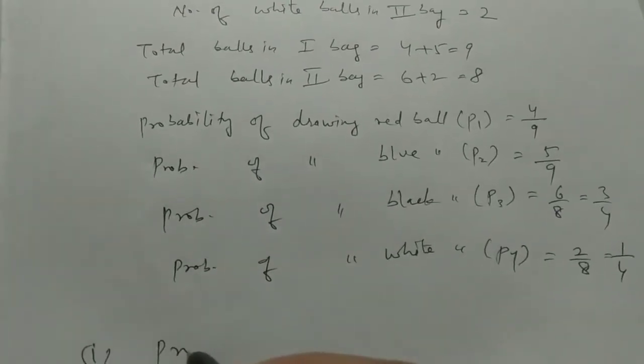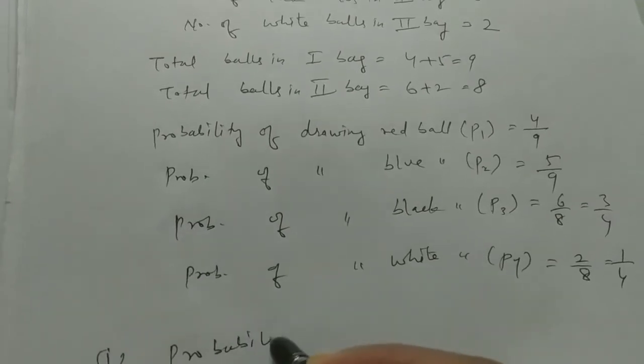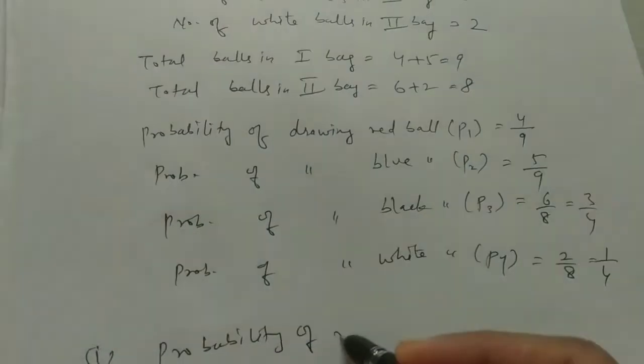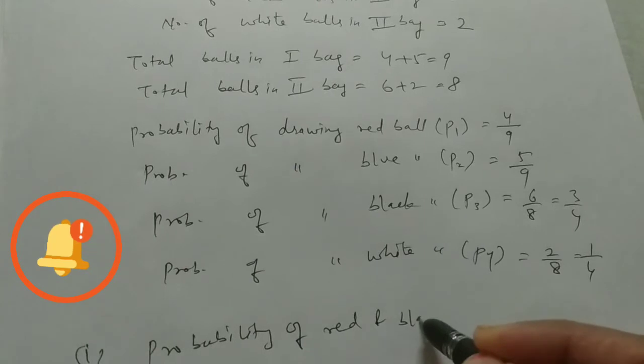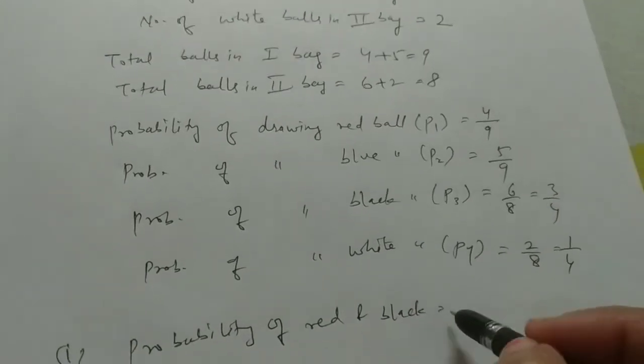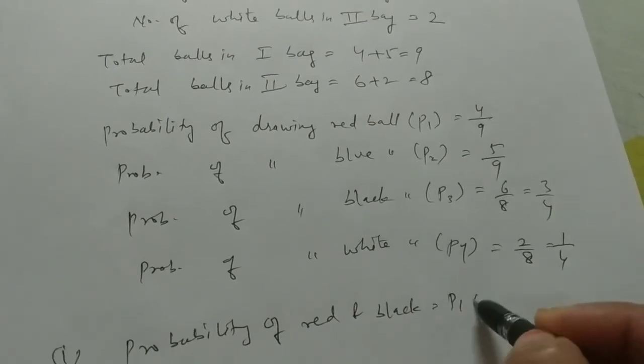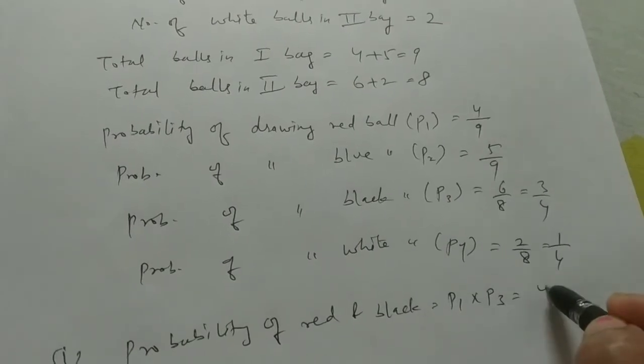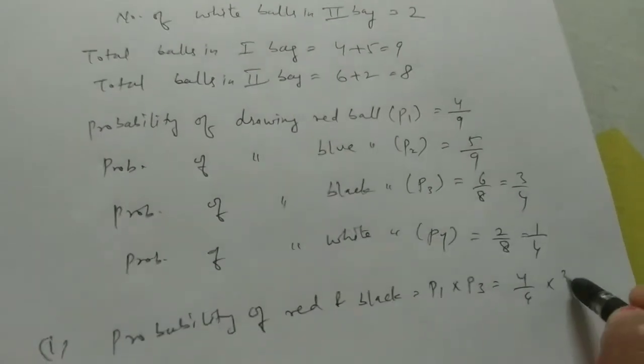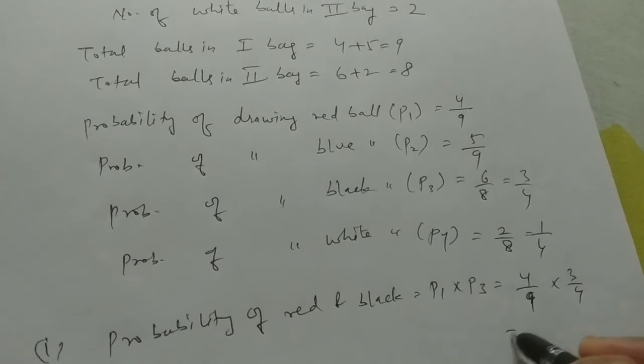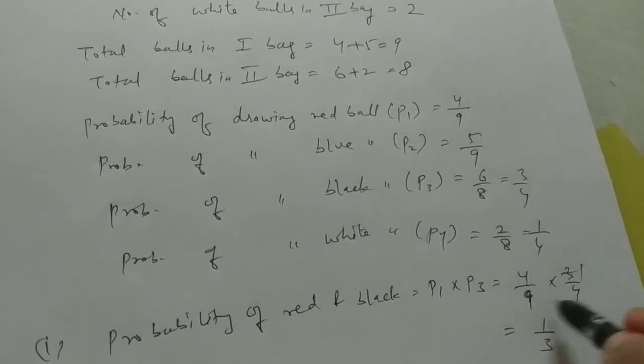So probability of red and black would be what? P1 into P3, that is 4 by 9 into 3 by 4, that is equal to 1 by 3.